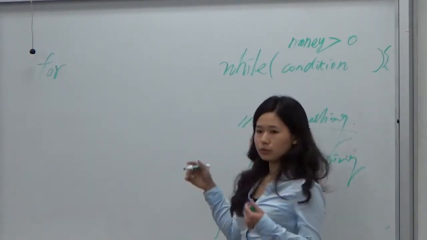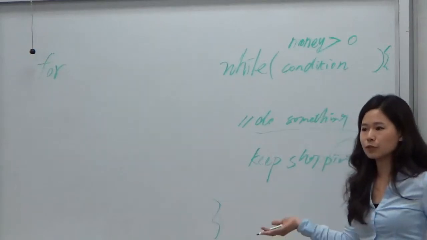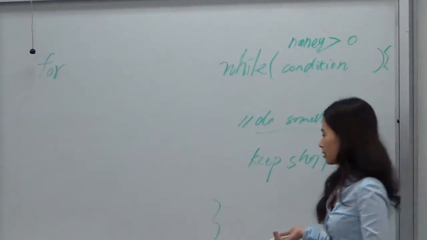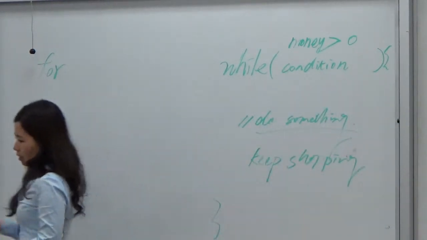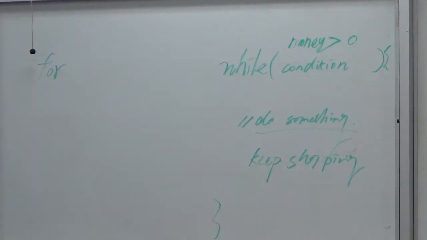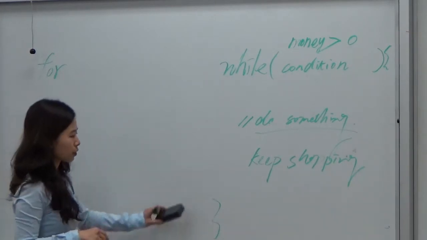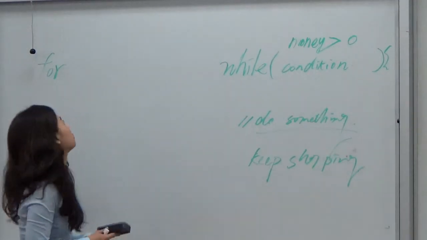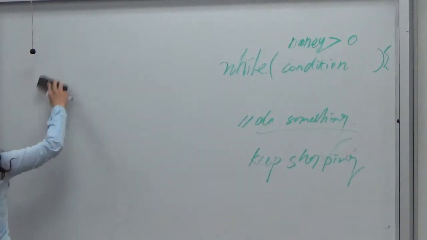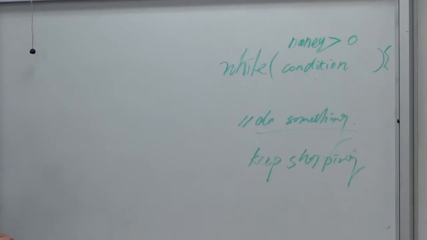Okay. So any questions so far? These are the most common loops we use when we program. For control flow, the other one we usually use is the if statement.